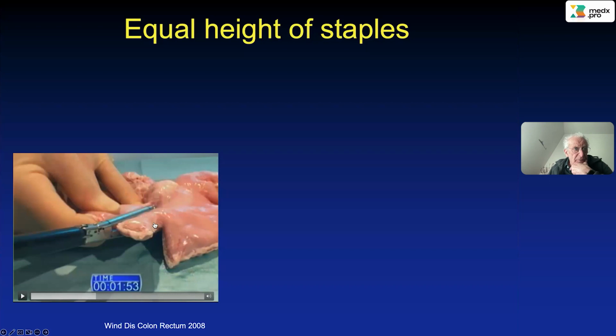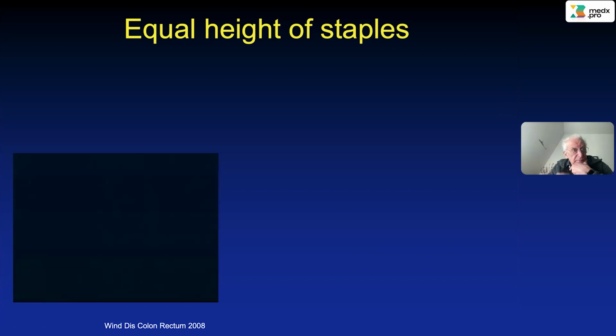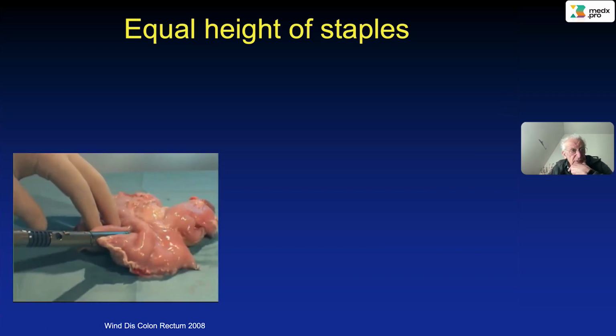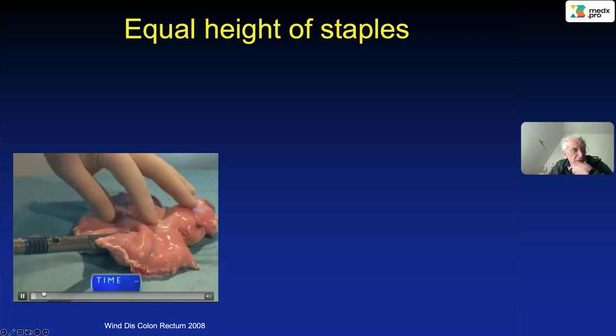And the staple formation here will not be complete. Does everybody understand that? See the angle here? Here is the angle of the lower jaw, and here is the angle of the upper jaw. They are not parallel. They should be parallel. So waiting.